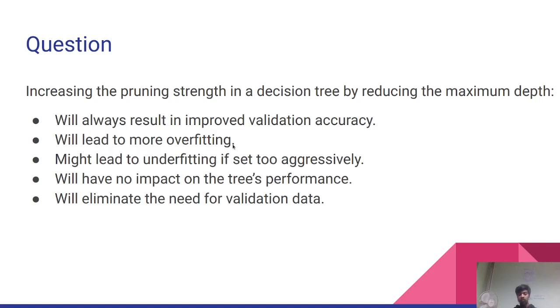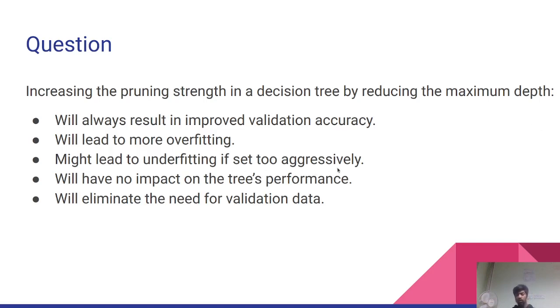Third one, it might lead to underfitting if set too aggressively. What it is saying is that you have a tree, and if you cut aggressively, suppose from 20 depth to only 5 or 7 or 10 depth, there is a chance that it will be underfitting.